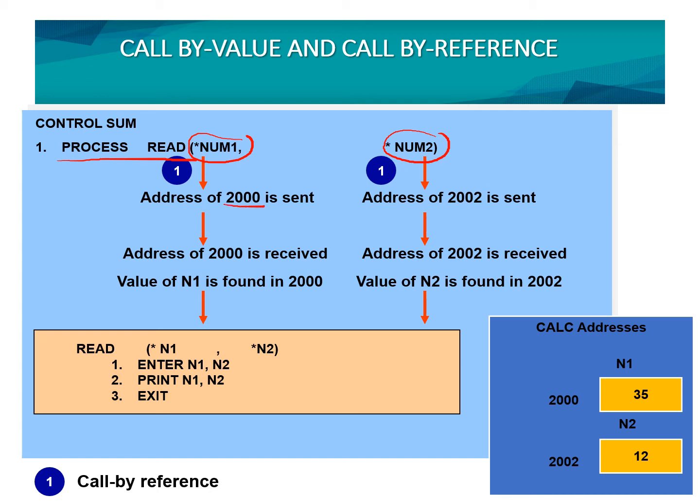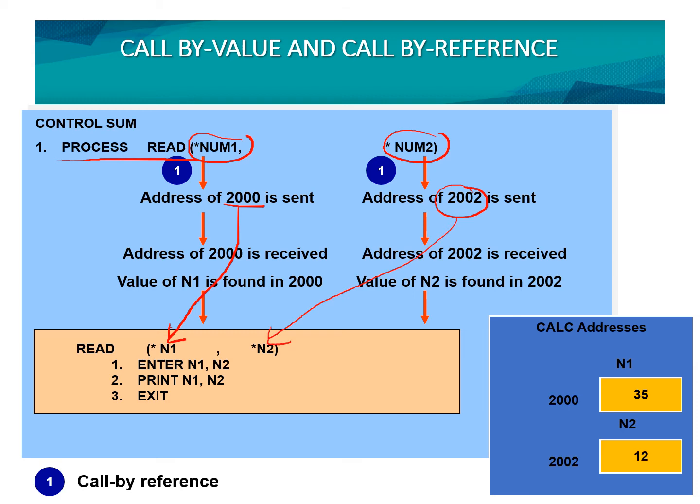Imagine that 2000 is a memory location in the machine, and there we're going to have some kind of value. So the address 2000 receives the value of n1, which is found in 2000. 2000 will be stored in this address, while 2002, the address of num2, will be stored in this parameter.